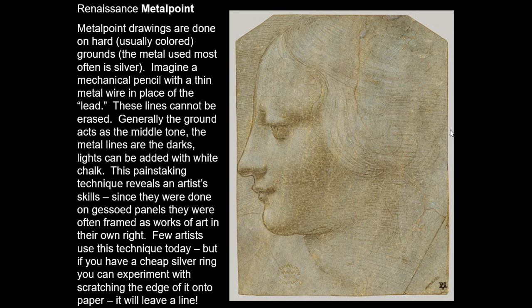So what most artists who do metal point would do would be to coat a panel of wood with plaster and then sometimes a coating of some color. So most people who work in metal point will work with kind of a pale medium color. The metal lines that they're drawing onto it will darken to much darker lines, and then chalk is added to do the highlights. But the metal point lines cannot be erased.